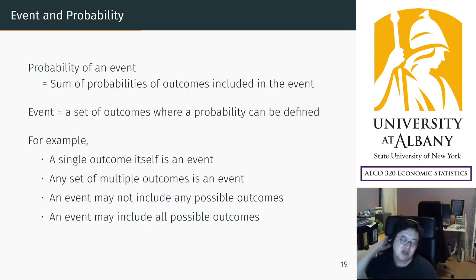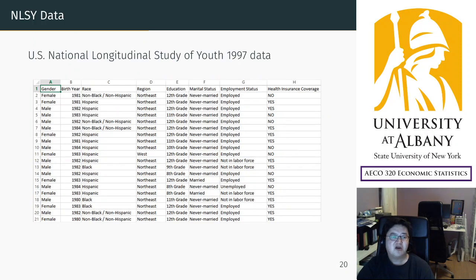What we need to distinguish is the difference between event and outcomes. An event may be a single outcome, but an event may include multiple outcomes. And it is convenient to use an event when you define probability instead of an outcome. It is clear when you think about multidimensional data.